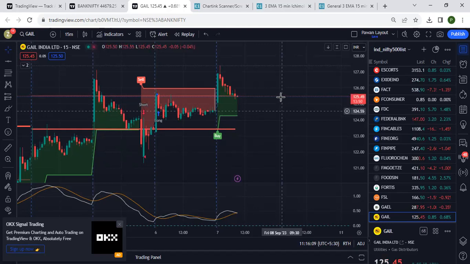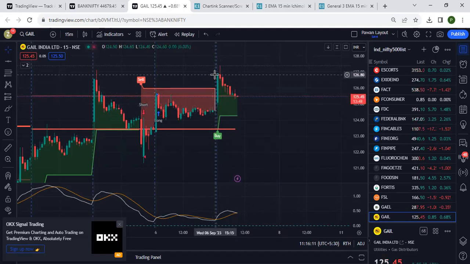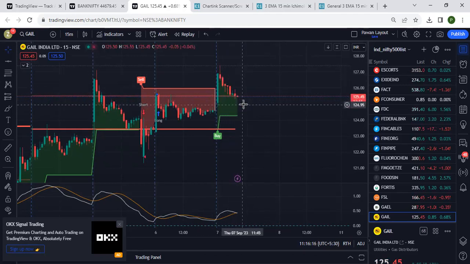This is a pump and dump situation right now because it is a long candle and thereafter it is being retraced to the level of 125.45, and it is expected to retrace to 125.10. This may be the level the stock will achieve.